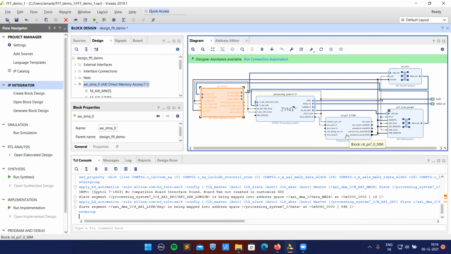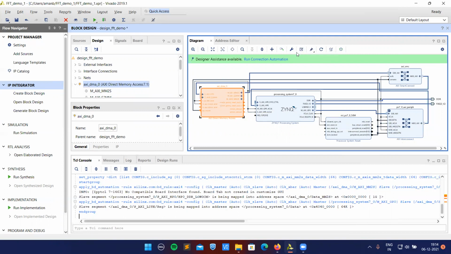And an AXI interconnect IP will be added, which will receive the configuration information of the DMA from the processor, like its base address, which will be used to access the DMA. The AXI interconnect then passes the information to the DMA through the AXI Lite port.